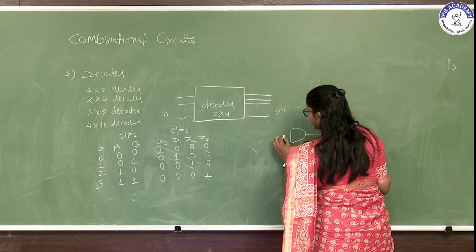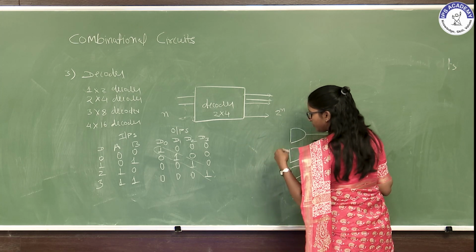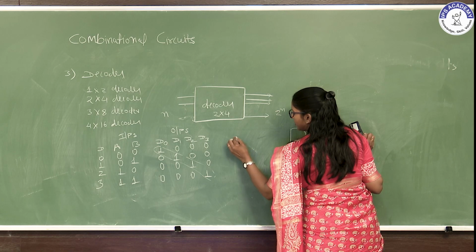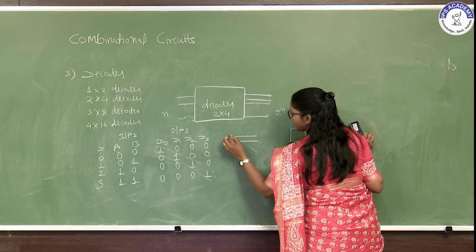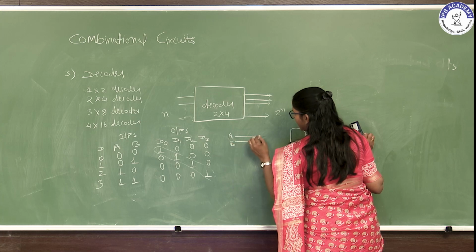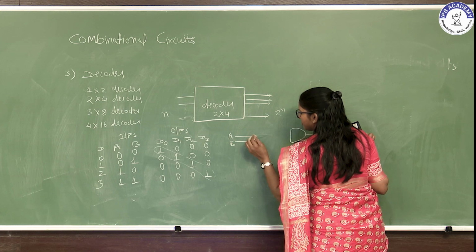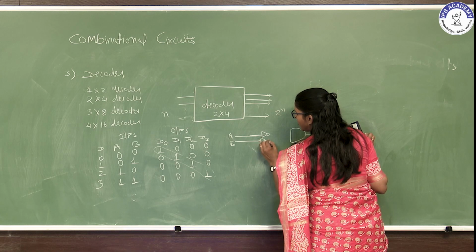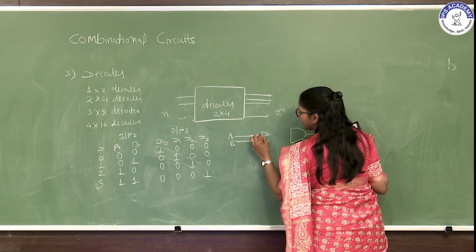So here we will give the inputs. You can give the input in a different manner. Suppose these are the two inputs A and B. In this way you can give the input.